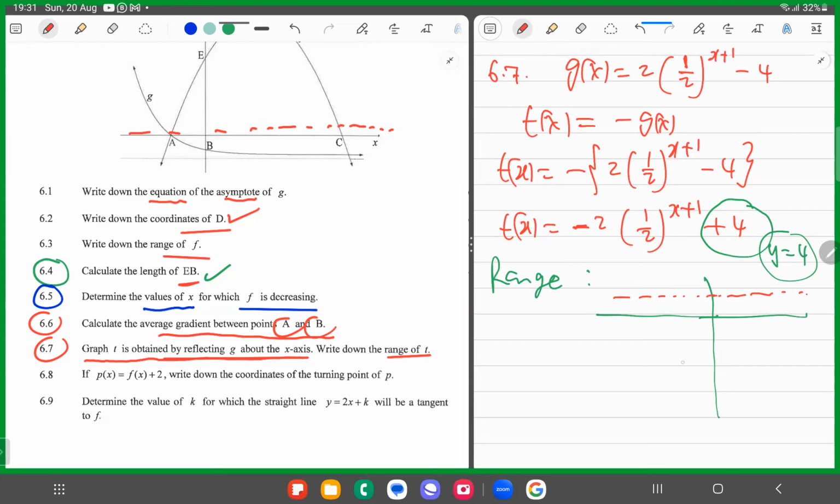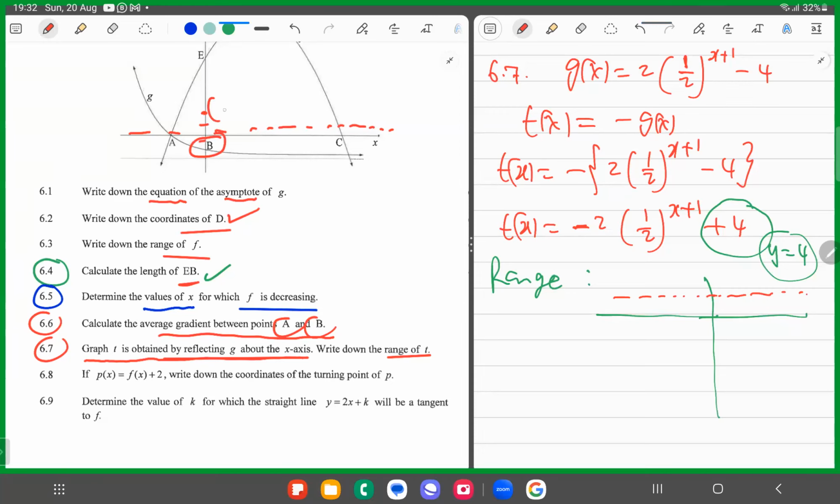And then now if you reflect about the x-axis, then you have the points switching. Surely the point A is going to be a fixed point, but this point B is going to be reflected directly the same distance away.